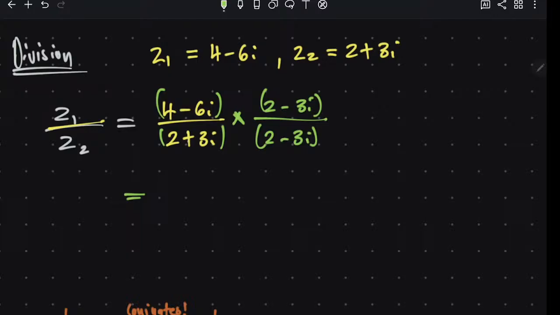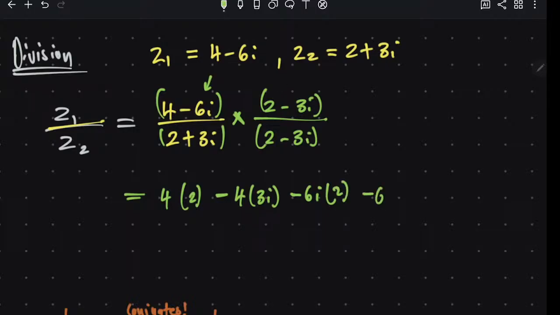So what you have is you now take this 4, it's now multiplying everything here. So 4 will multiply 2, minus 4 will then multiply 3i. The reason I put the minus is it's here. Then we now take 6, but it's a negative. So negative 6i will multiply the 2.